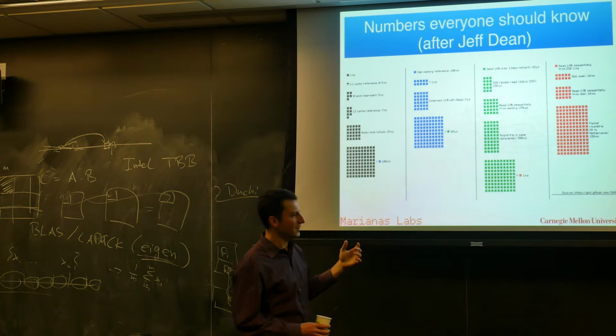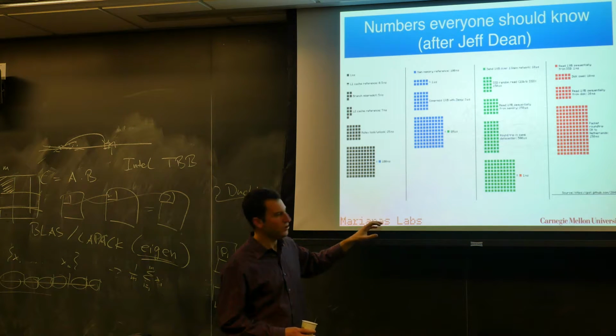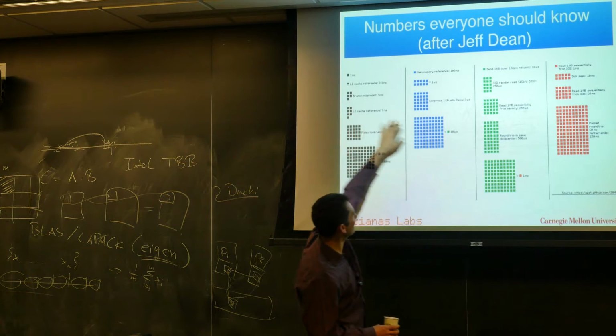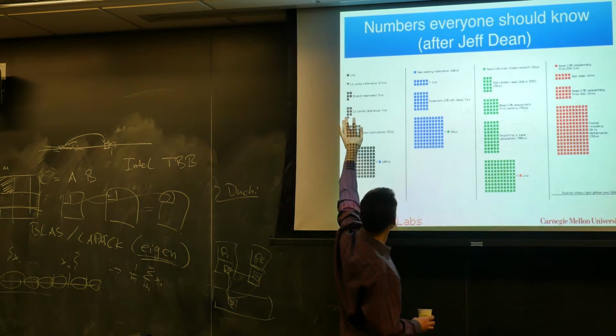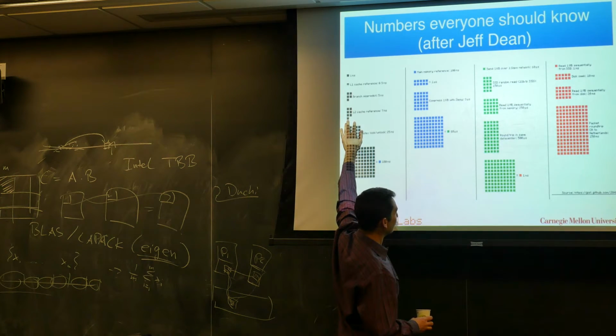Now, why do you care? Well, basically, if I have a choice between my algorithm doing something here or there, right, then it's very clear that this is much more desirable, right?